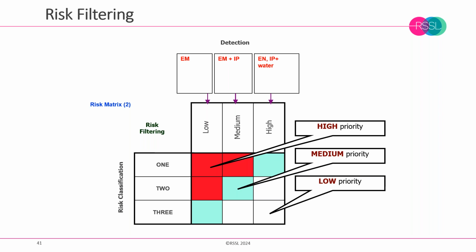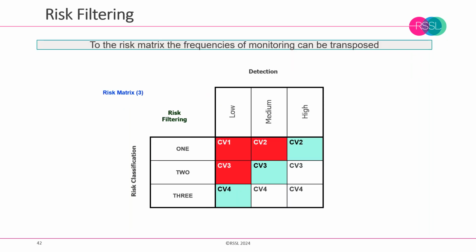So this was the weekly, fortnightly, monthly, and 3-monthly monitoring outcomes. So these are the things that I coded as CV1 for weekly, CV2 for fortnightly, CV3 for monthly, and CV4 for 3-monthly.